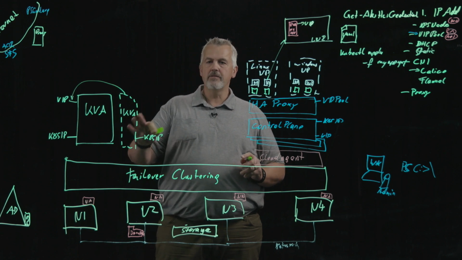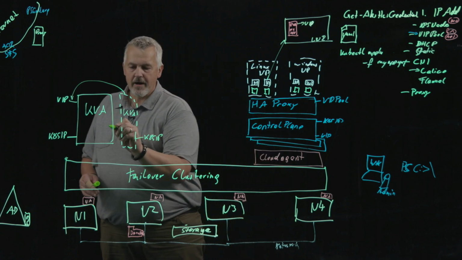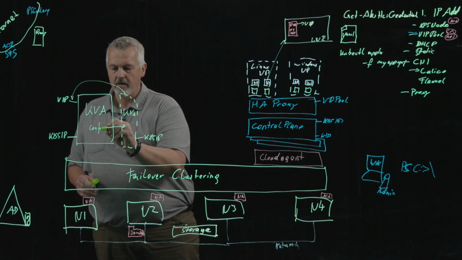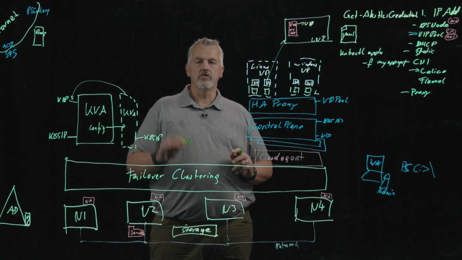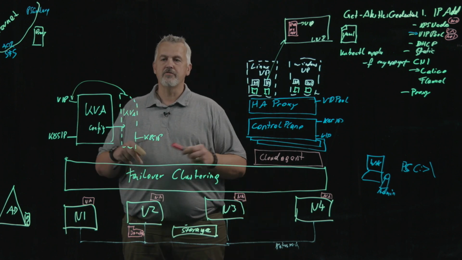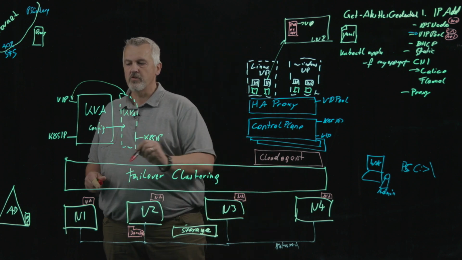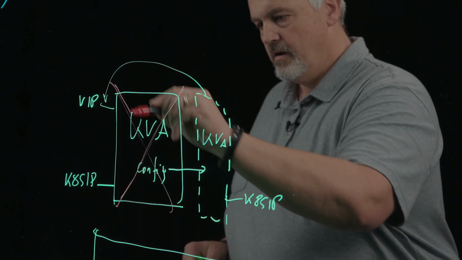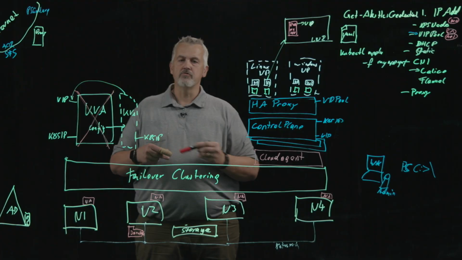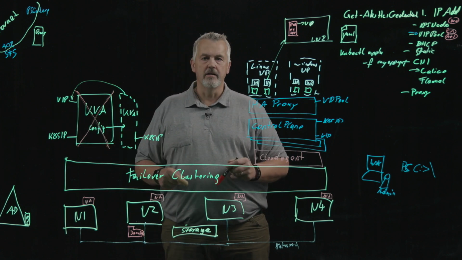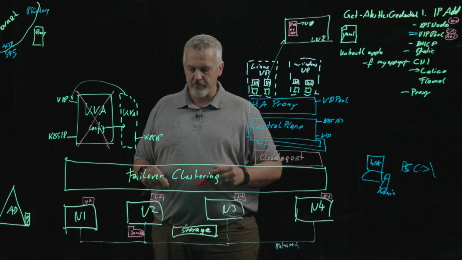So once that's up and running, we migrate all the configuration from the old KVA to the new KVA. And when the KVA is up and running and we have determined that everything is going smoothly, we'll release the old version and free up the resources again. So the IP goes back to the pool and the memory and disk resources get freed again.